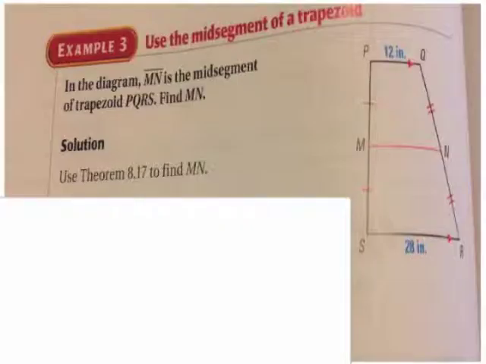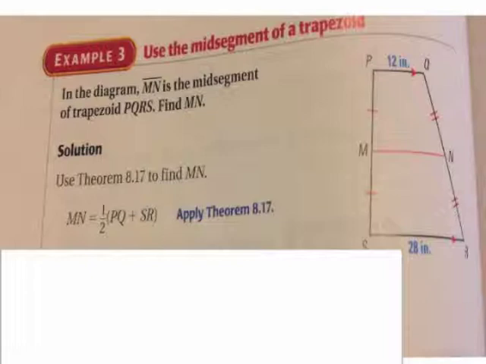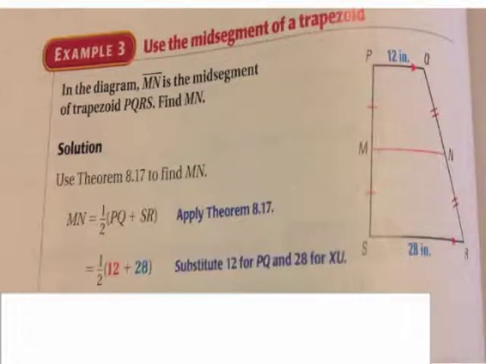Take a look at this problem here. In this trapezoid, you'll have to use the equation that you just learned to find the length of MN. The equation to find MN would be 1 half times PQ plus SR. Since PQ equals 12 and SR equals 28, you would substitute them in the equation.